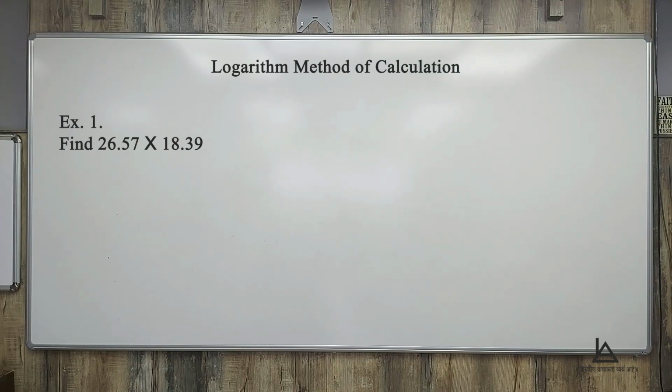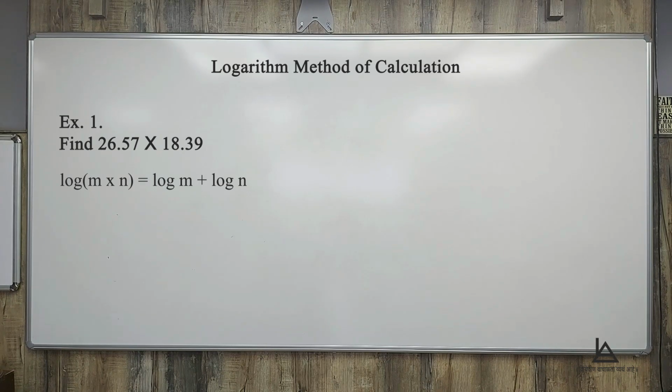26.57 multiplied by 18.39. Let us try to find out the answer to this complex multiplication using log. Recall that log of m into n is log of m plus log of n. So we will have to find out log of 26.57 and log of 18.39 separately.